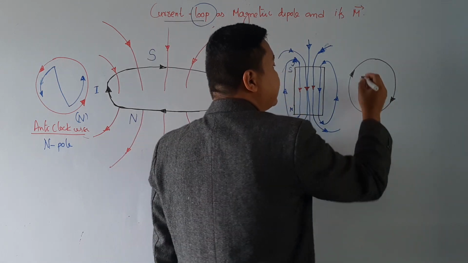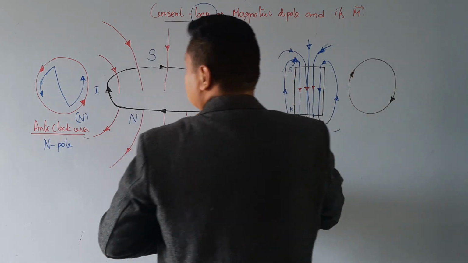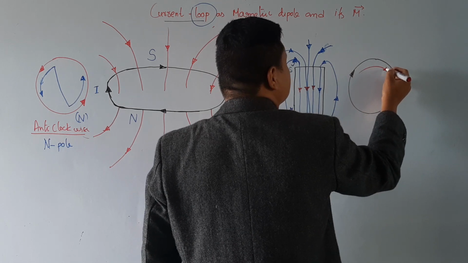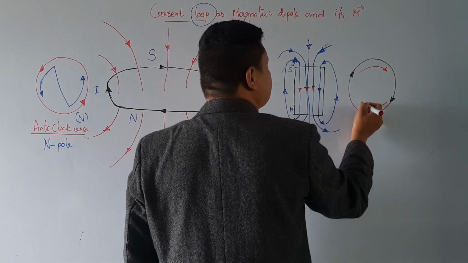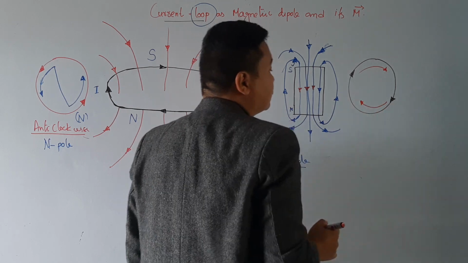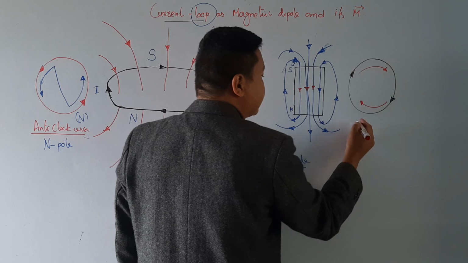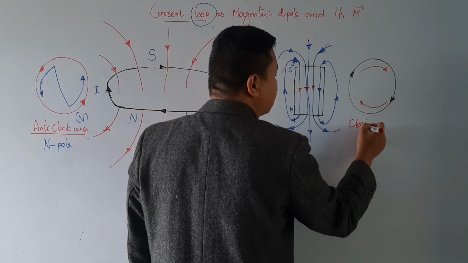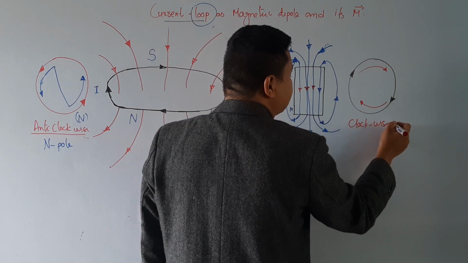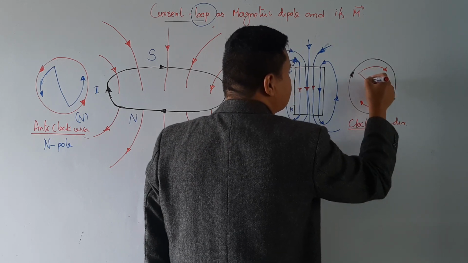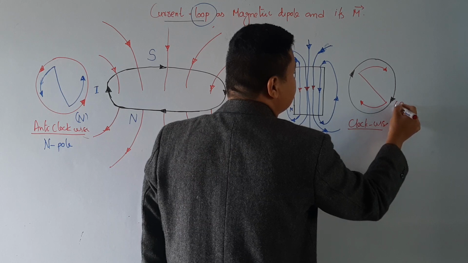So what is happening here, this is going in this direction, and this is coming in this direction, right? And this is which direction? Tick, tick, tick. It is my clockwise direction. Very easy, okay?